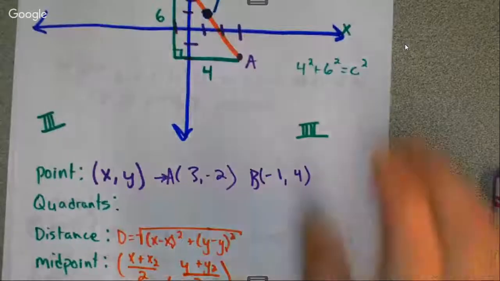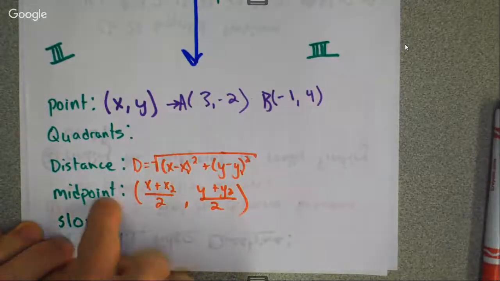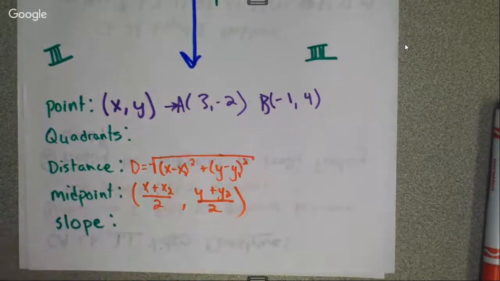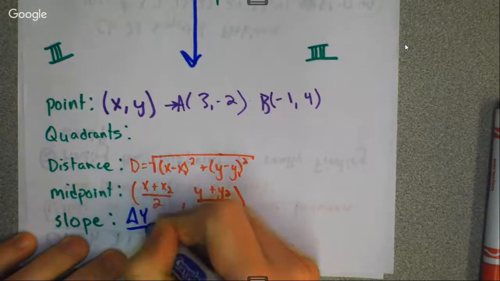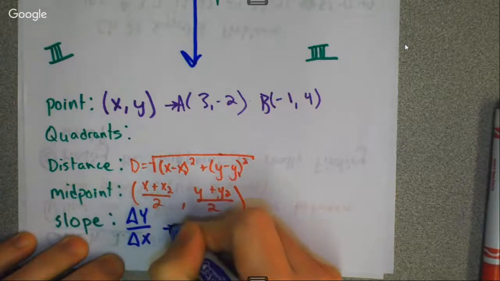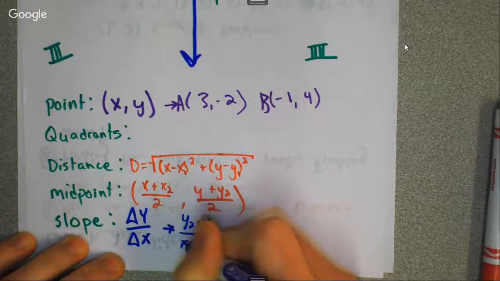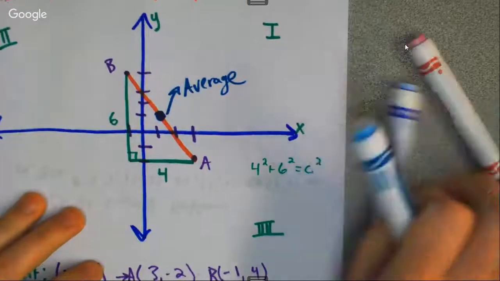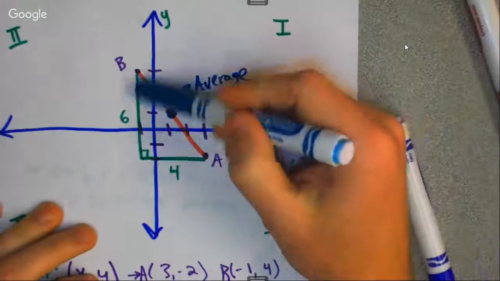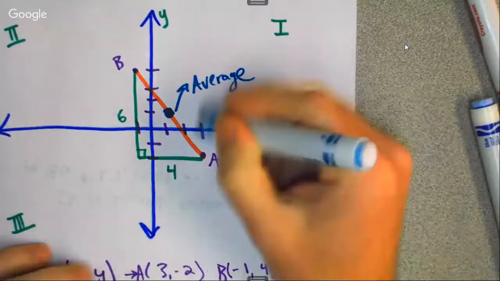The next thing that gets confused, and the only reason I'm talking about slope is because it gets confused with distance and midpoint. Slope is the change of y over your change of x, or y2 minus y1 over x2 minus x1. In my y direction, how much do I change, starting here? How much do I go up?